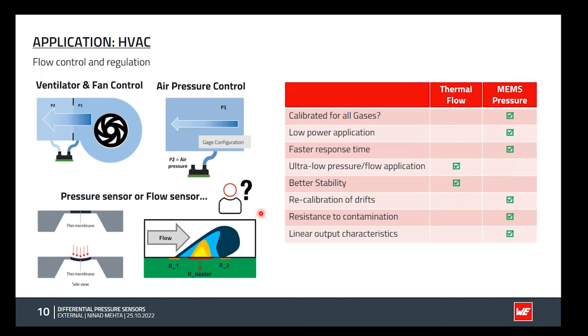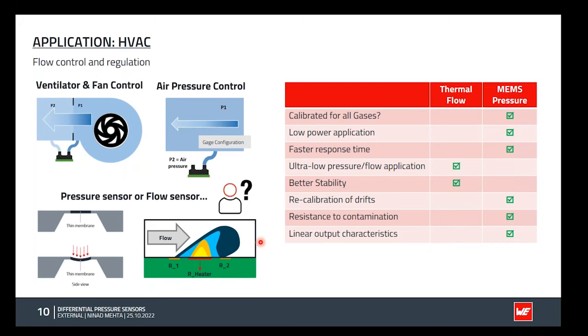If we compare the flow sensor and pressure sensors, then they are completely different. For example, a flow sensor is usually calibrated with certain gases, so in applications where other gases need to be used, they need to be calibrated again.